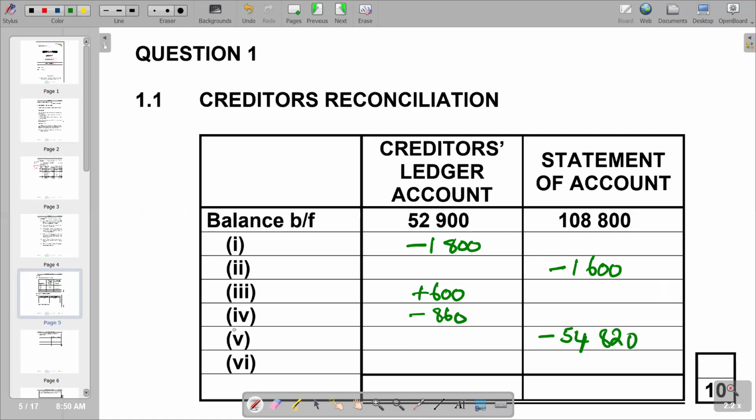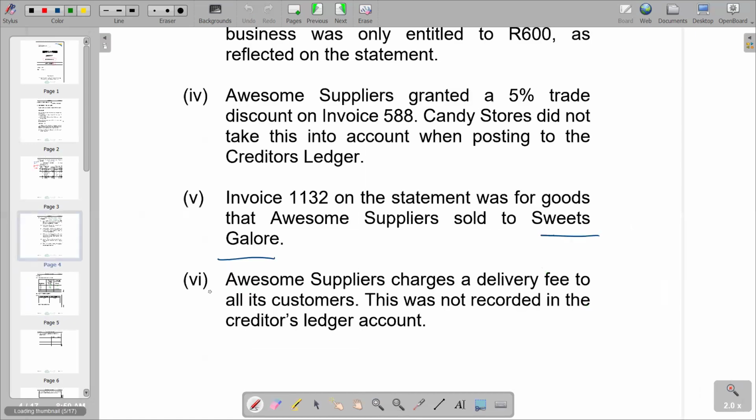Right. So we move on to the last part, which is 6. Some suppliers charges a delivery fee to all its customers. This was not recorded in the creditors ledger. So there is a delivery fee that we should see on the statement that was not entered in the creditors ledger.